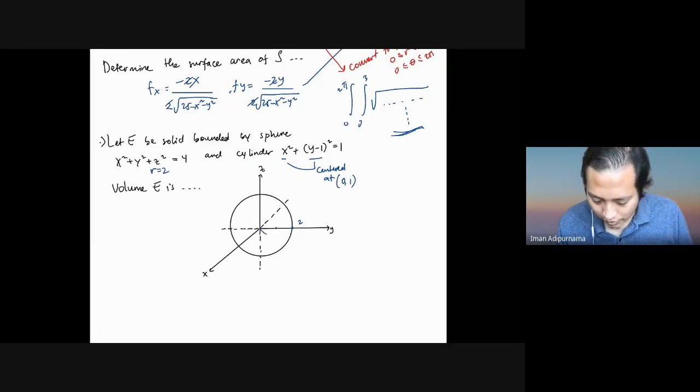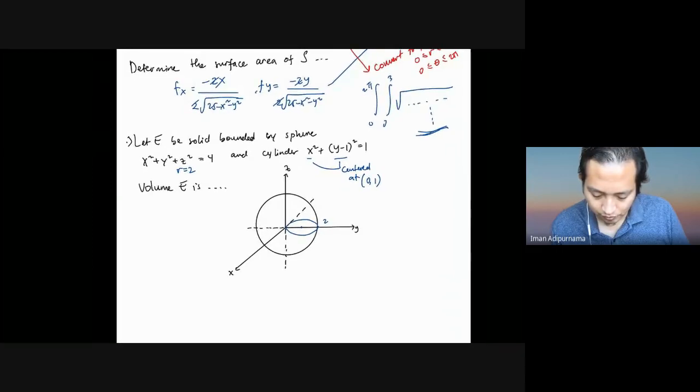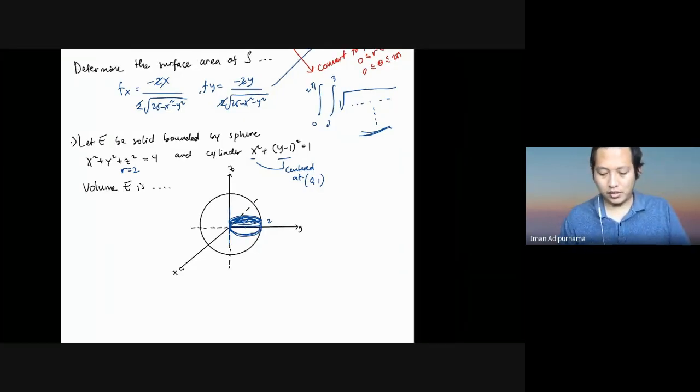So you'll have a circle here, and you will have a cylinder. So imagine this is the cylinder here, maybe a little bit higher.